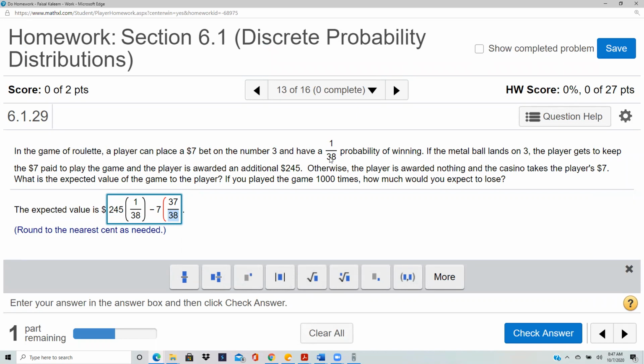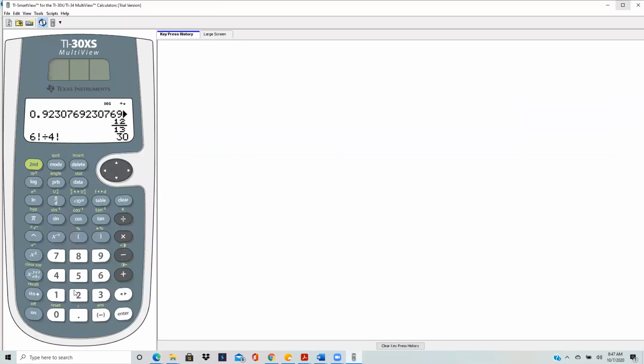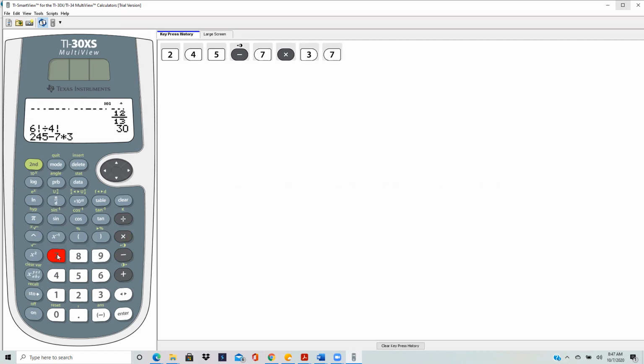So let's do it on the calculator. So it'll be 245 minus 7 times 37 by 38. Minus 7 times 37, that will be the numerator.